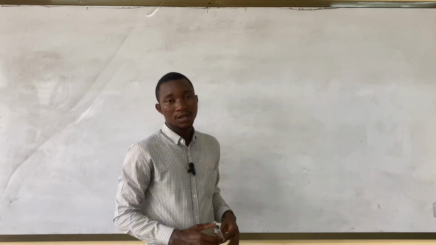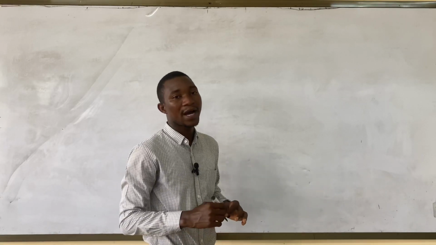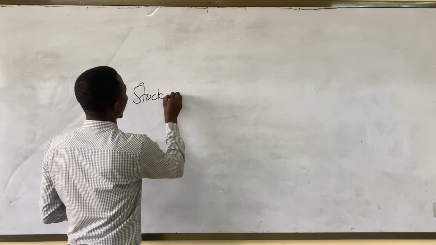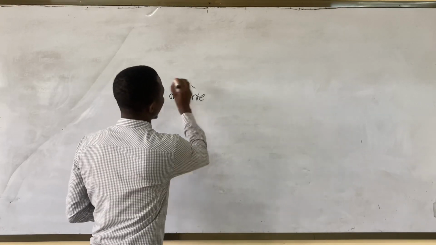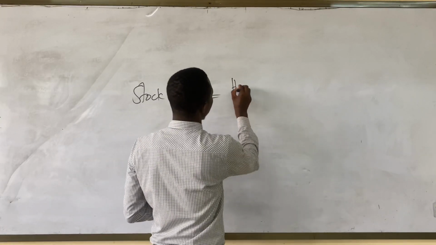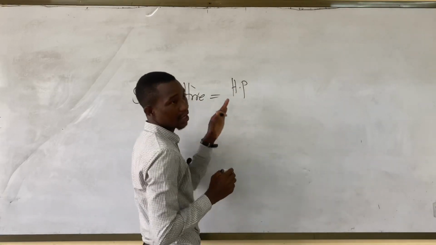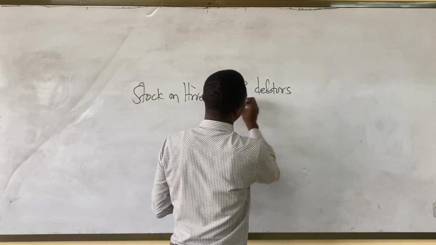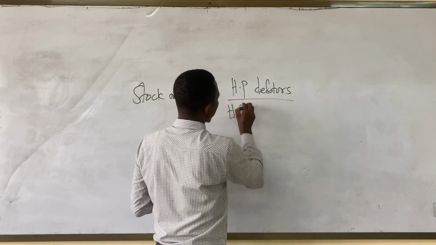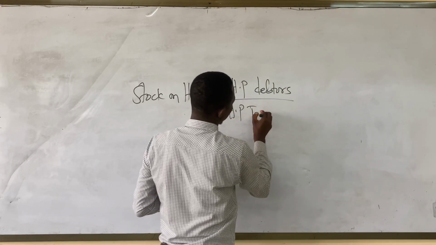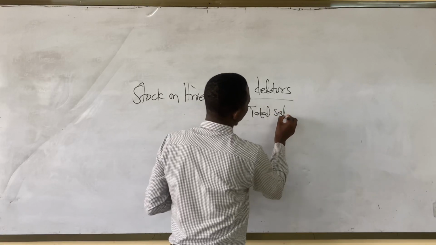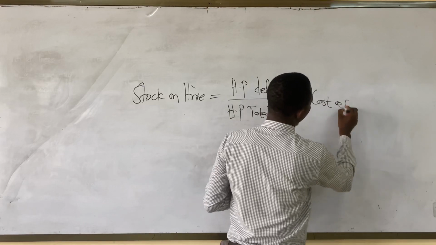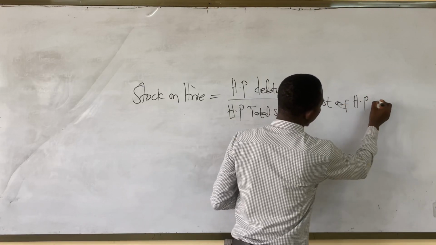So the formula for the stock on hire method is HP, which means hire purchase: hire purchase debtors over hire purchase total sales, then we multiply by the cost of the hire purchase goods.